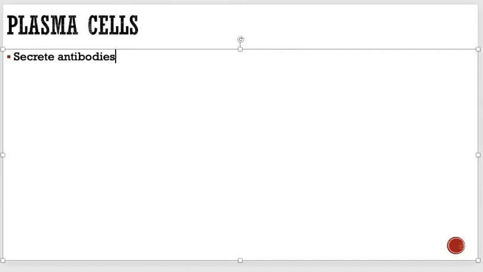They are processed by antigen presenting cells, and then presented to the body, and the body starts producing antibodies. These antibodies go and target the antigen, and of course they neutralize them. So when there is overproduction of these cells, it is called multiple myeloma.